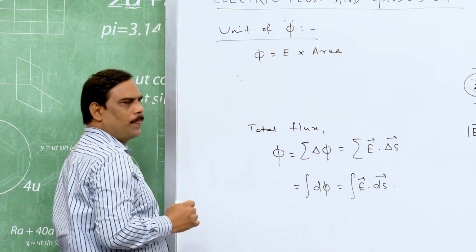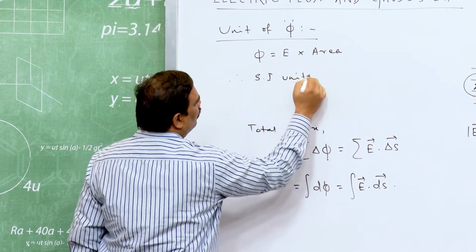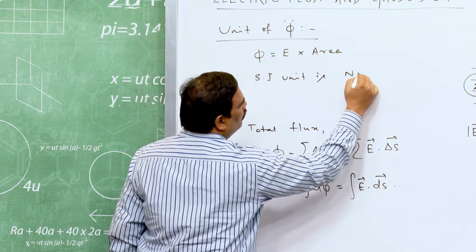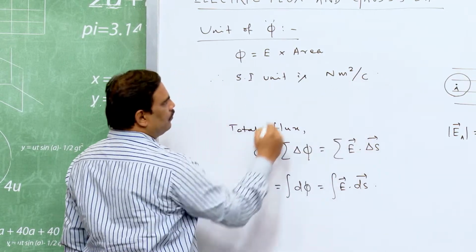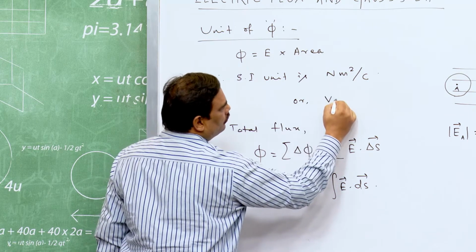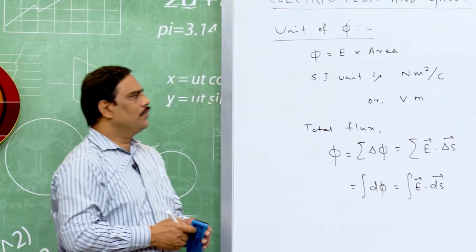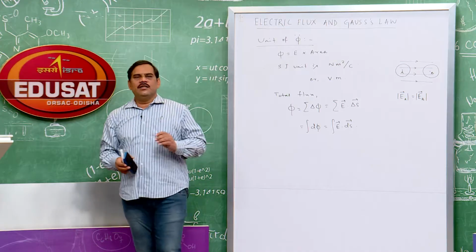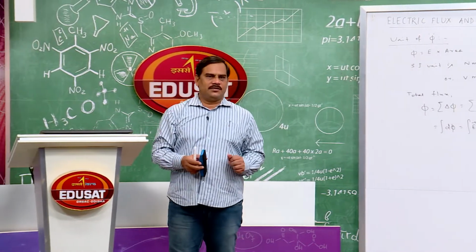Therefore, the SI unit is Newton meter square per coulomb, or volt into meter. So, this is about your flux. In this way, we can calculate the flux linked with a surface.